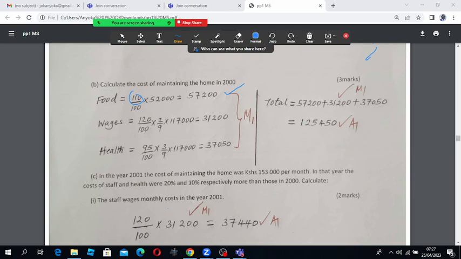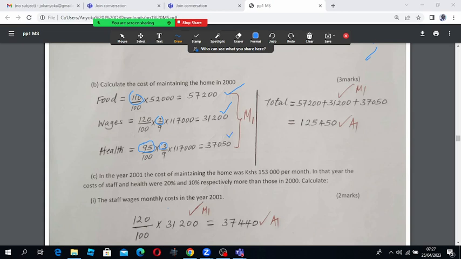Wages increased by 20%. So 120 over 100 times, the ratio was 2 over 9 times 117. It gives us 200. The earth reduced by 5%. So 95% over 100 times 3 over 9, because the ratio was 3 over 9.